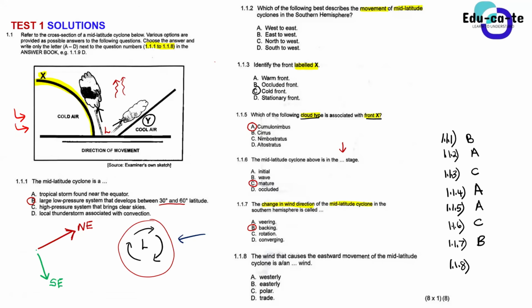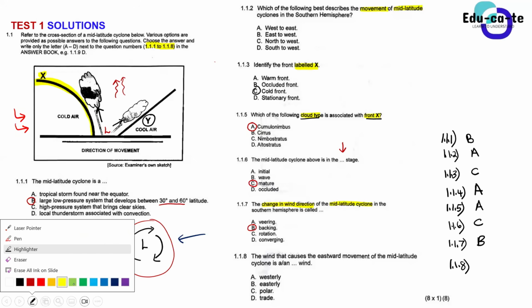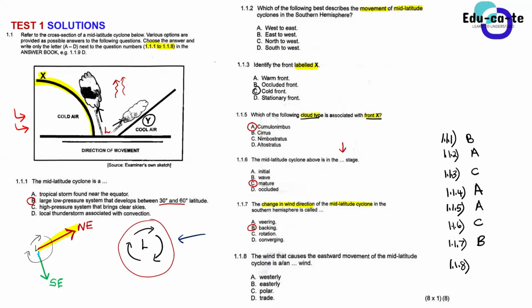At first it was blowing northeasterly, but because of this clockwise rotation, remember that a mid-latitude cyclone rotates clockwise because it's a low pressure system, it has caused this northeasterly wind to change its direction to a southeasterly wind, like the one I've drawn in green. Do you all see that?